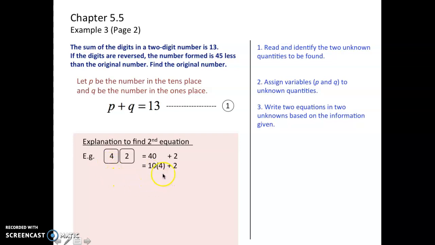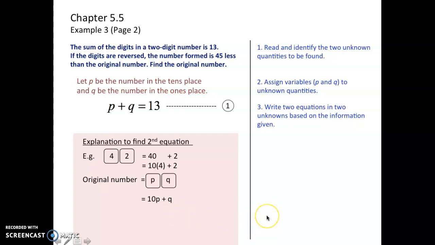Hence, to find the value of this, we'll have 10 times 4 plus 2, which is in the ones place. Hence, we do not need to multiply anything to it. Okay, so applying this back to this question, to find the value of the two-digit number PQ, what we actually have is 10 times P, because P is in the tens place, plus Q. This will give us the value of the number.